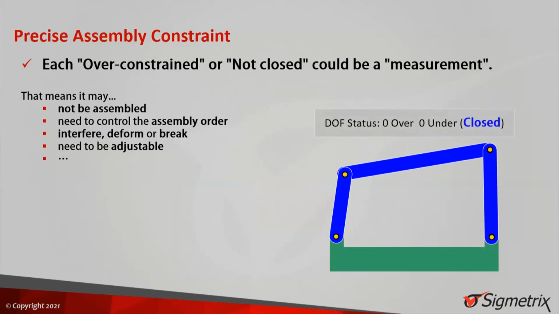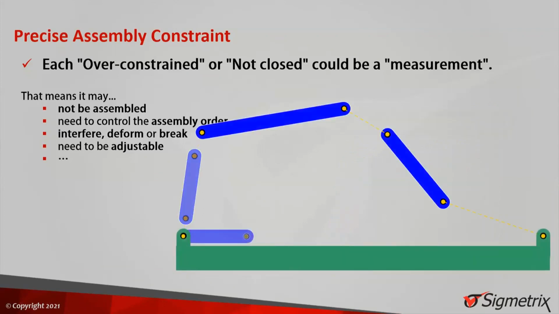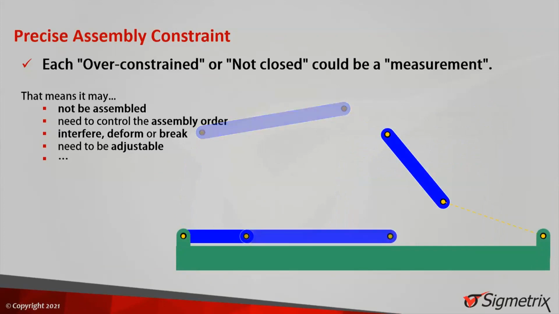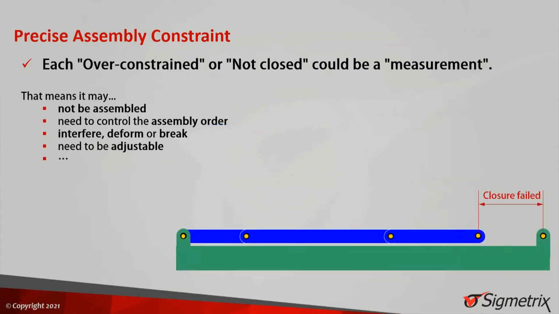For example, it will show you the status by the DOF analysis: 0 over constraint and 0 under constraint, so this is a well assembled product. But if it finds a problem, like not closed, it will show you not closed. So the engineer will note whether there is any risk of deformation in future production.